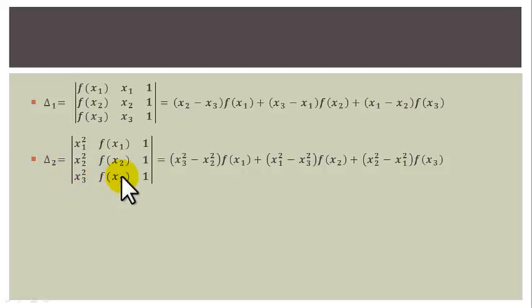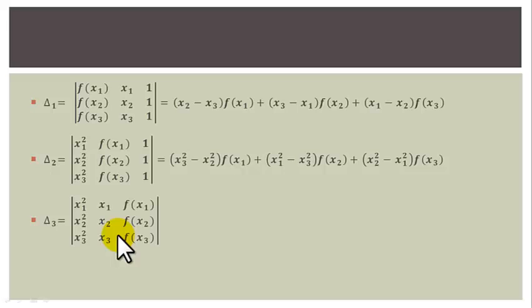Delta 2 is this determinant, and evaluating this determinant will give us x3 squared minus x2 squared times f of x1 plus x1 squared minus x3 squared times f of x2 plus x2 squared minus x1 squared times f of x3. And finally, delta 3 is this determinant.